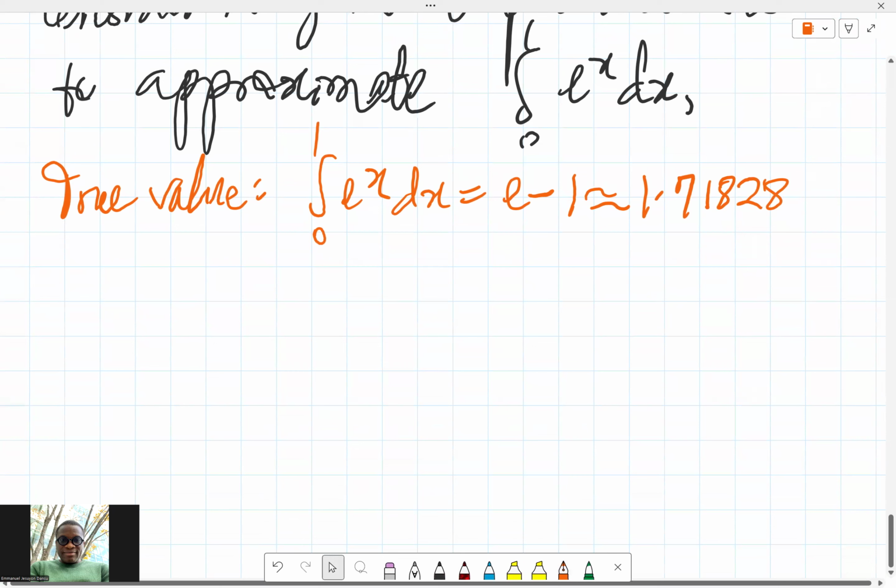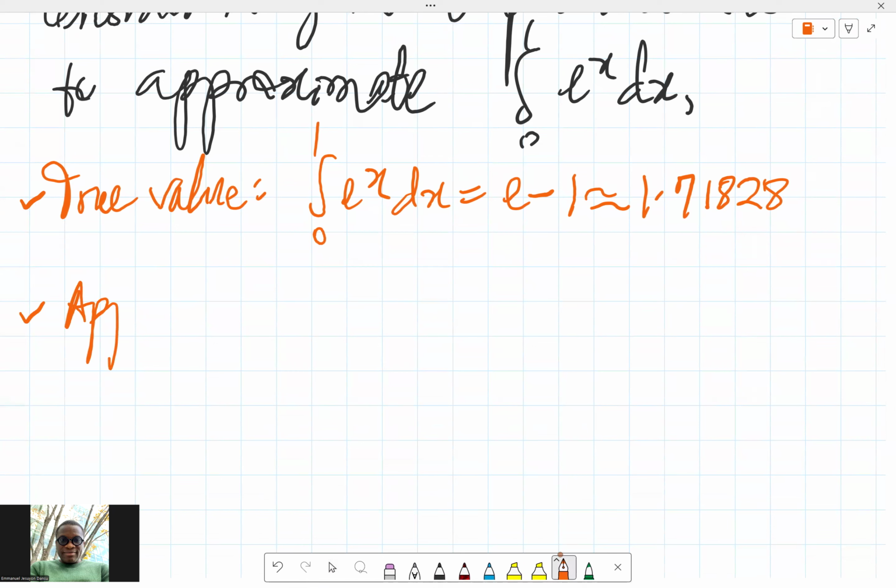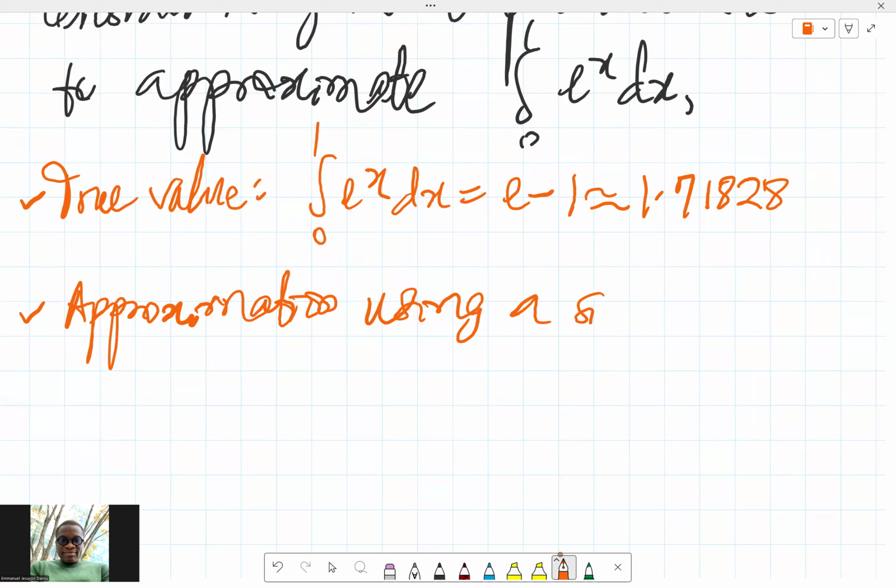But this is one thing. The other part is approximation. You can also get the approximation using a single interval.